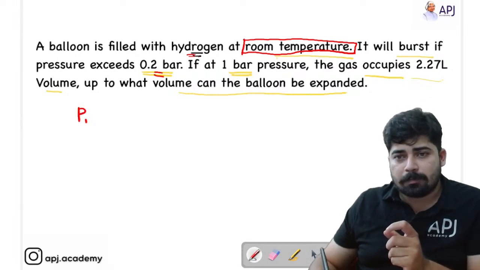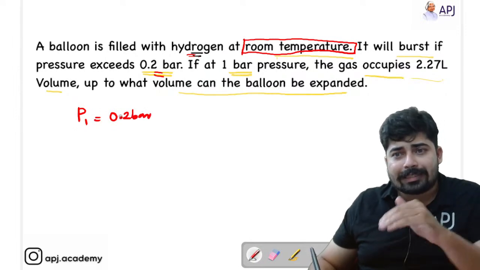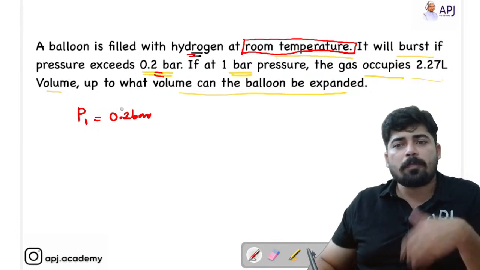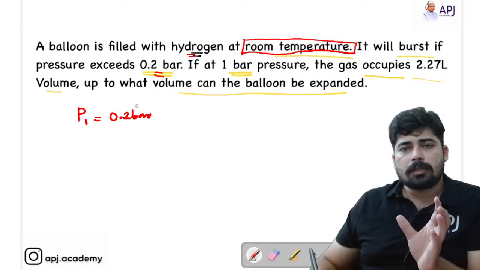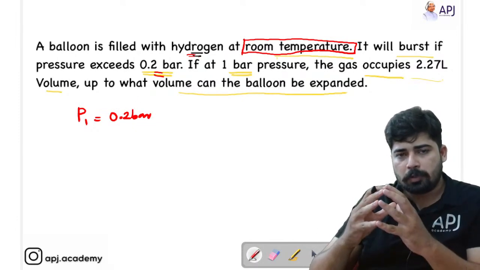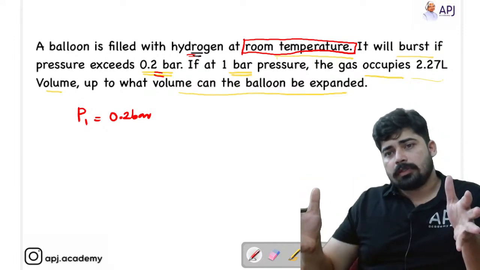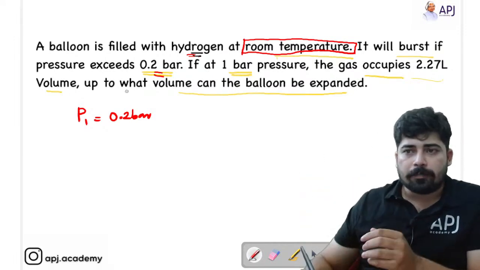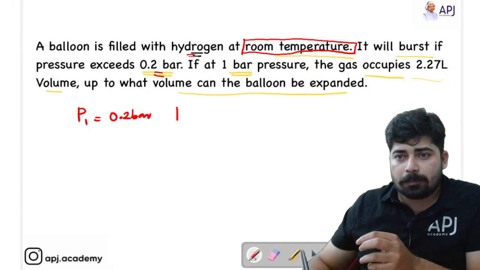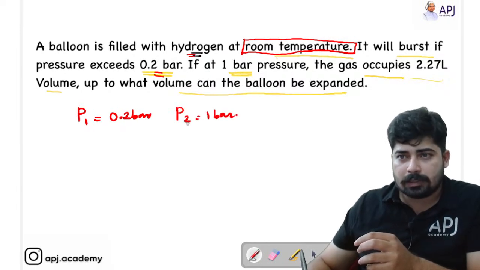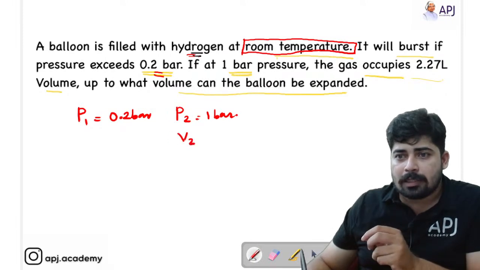That means there is a pressure 1, it is equal to 0.2 bar. So if you exceed the pressure above 0.2 bar, the balloon will burst. Now another pressure, that is P2 equal to 1 bar pressure. At 1 bar pressure the gas occupies 2.27 liters.